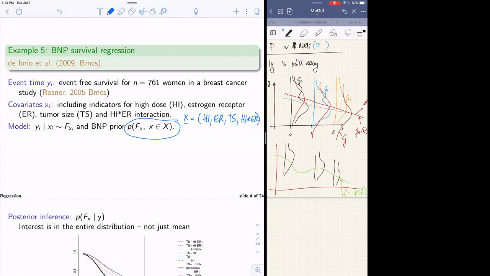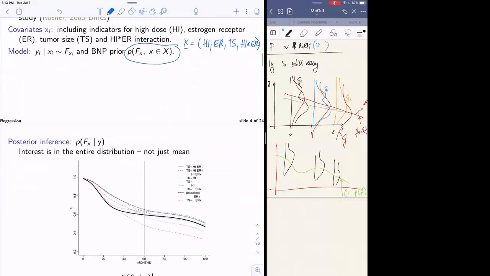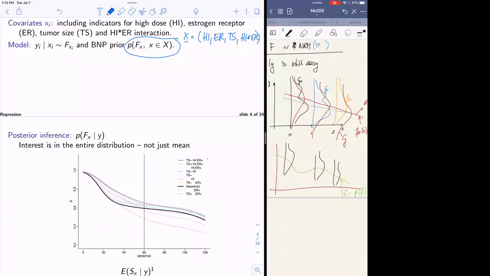But what we need is for each possible combination, and in the next slide you can see there's something like 8 combinations of x's, and there's many more because one of the covariates, the tumor size, is actually continuous. For these 8 combinations, we plotted this.